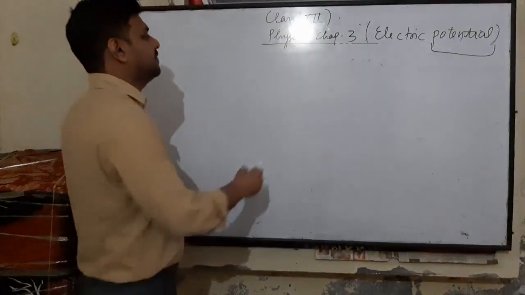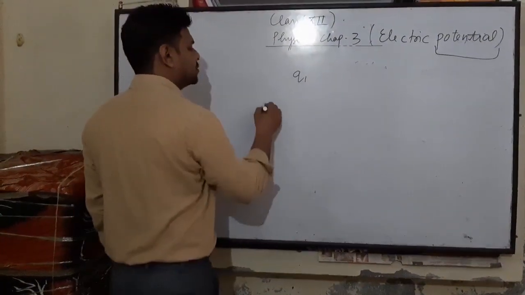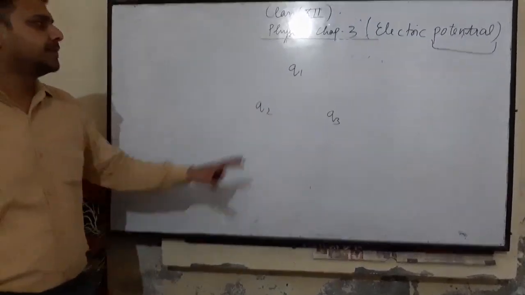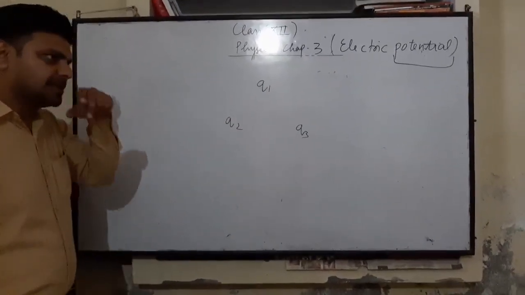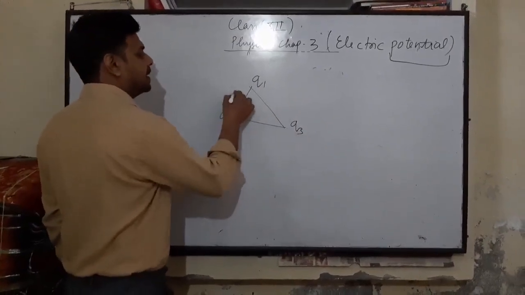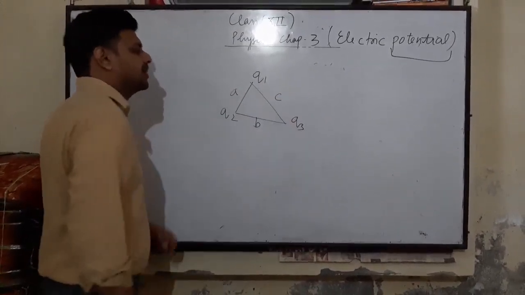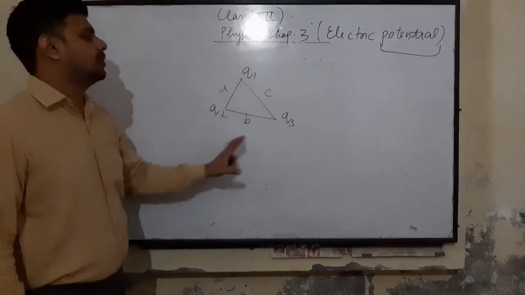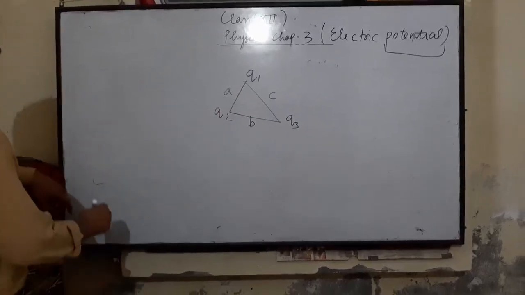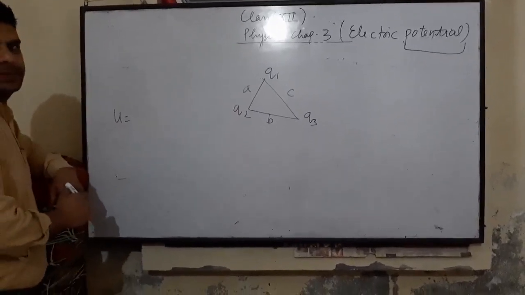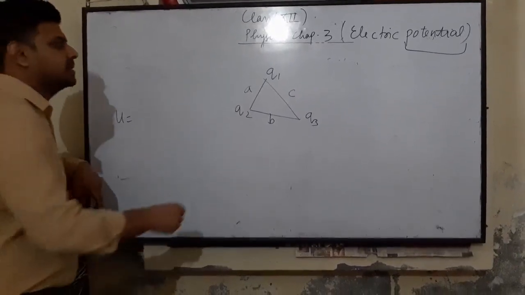But if we have more than two charges, suppose three charges placed at the vertices of a triangle, and the distances between them are a, b and c. For finding the electric potential energy of this system of charges, make pairs of two charges.